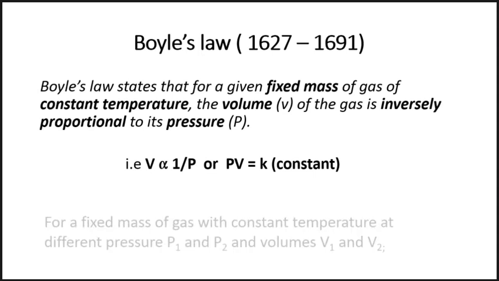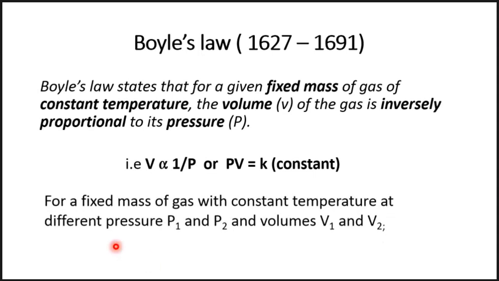So if I have different pressures P1 and P2 and different volumes V1 and V2, as far as the mass of the gas is fixed and its temperature remains constant, then the relationship I have here will change.